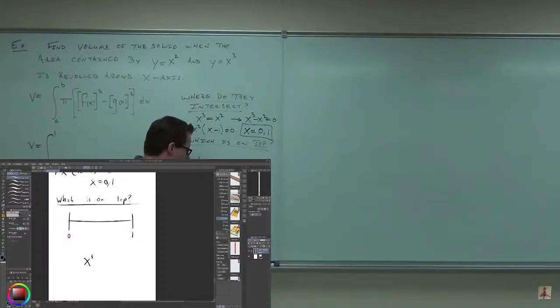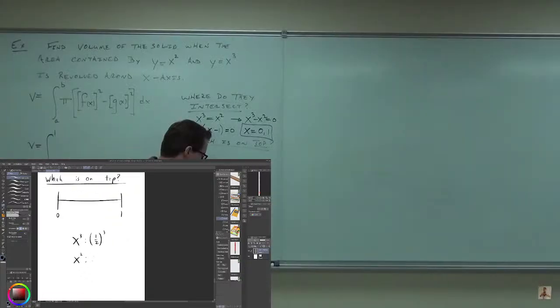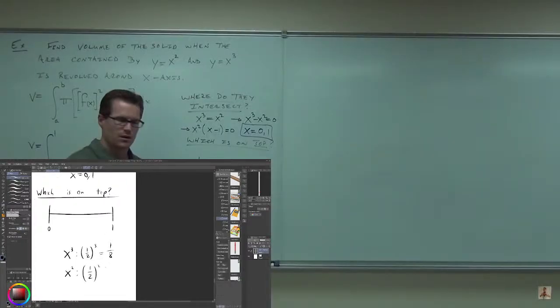So plug in 1/2 to both of them. This gives you 1/8. This gives you 1/4. Which one's on top? 1/4 is a bigger number than 1/8. Therefore, x squared is on the top, x cubed is on the bottom.